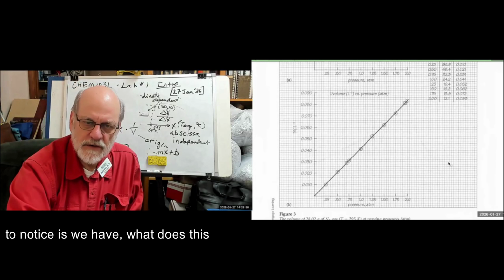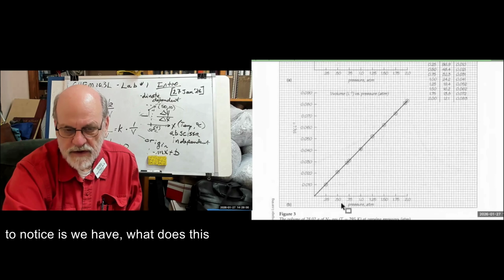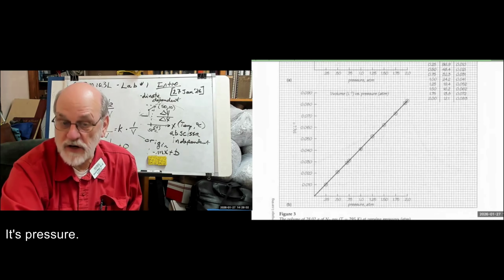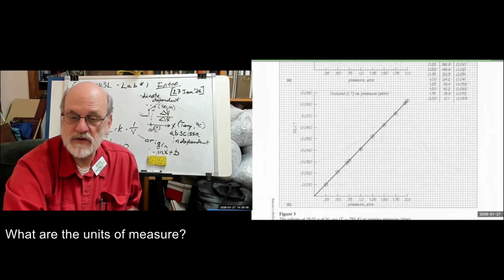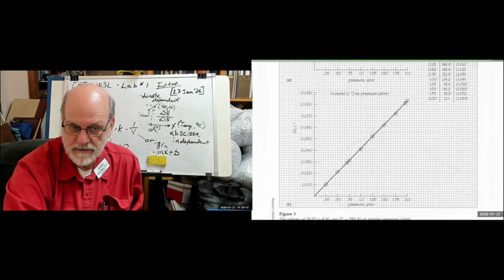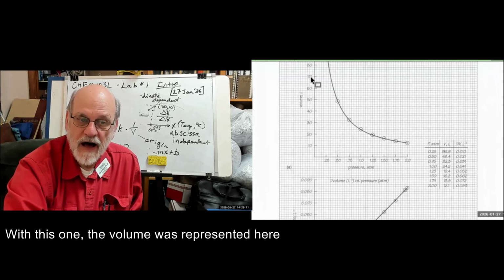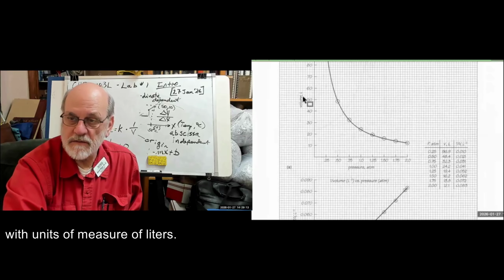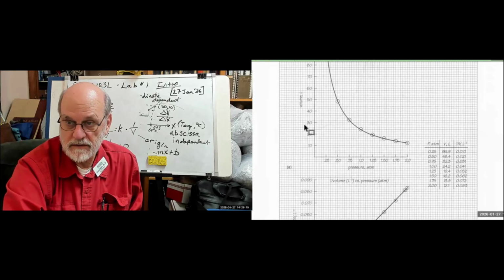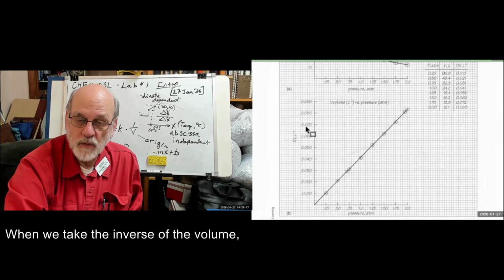Now, one other thing you need to notice is we have, what does this axis represent? It's pressure. What are the units of measure? Atmospheres. With this one, the volume was represented here with units of measure of liters. Okay?